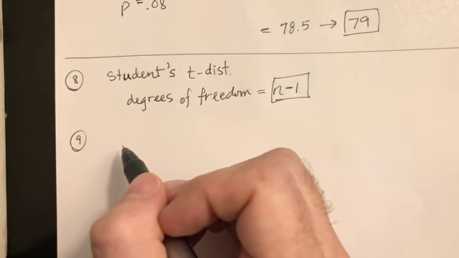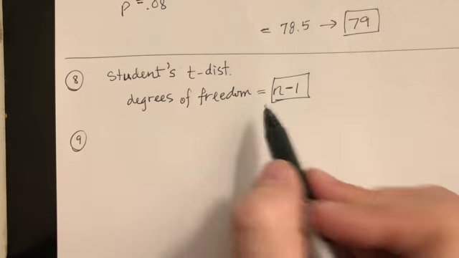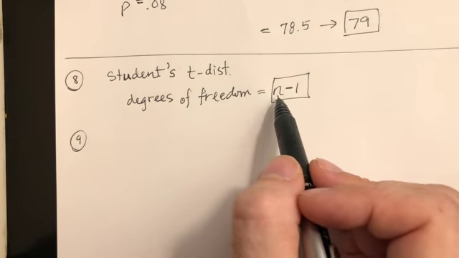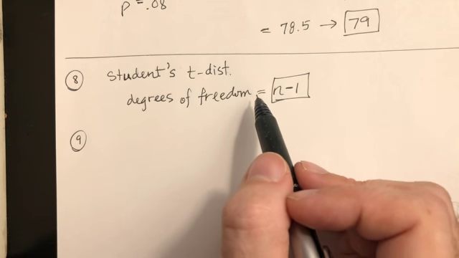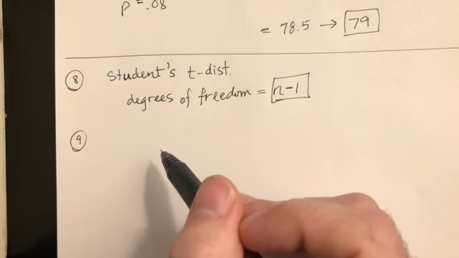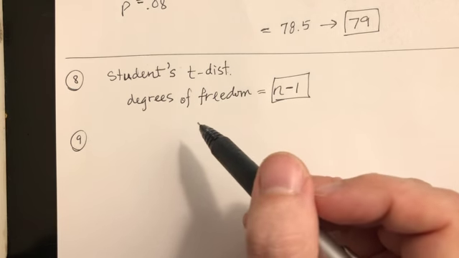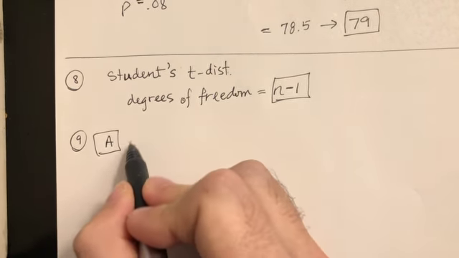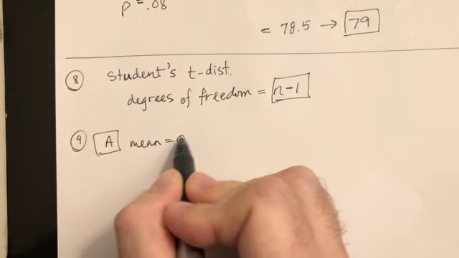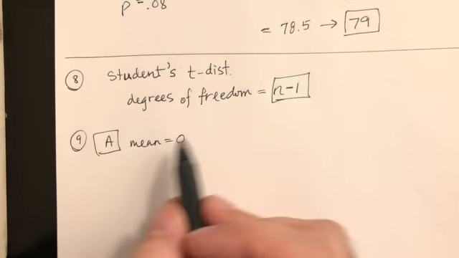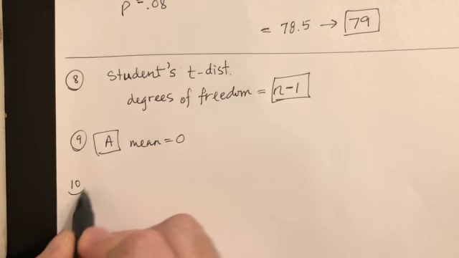The t-distribution depends upon the number of degrees of freedom, and it's symmetric, just like the normal distribution. The thing that isn't right is the mean of 1. So A is the correct answer there, because the mean is actually 0 for student's t-distribution, just like normal. They said it's 1. That's not right.